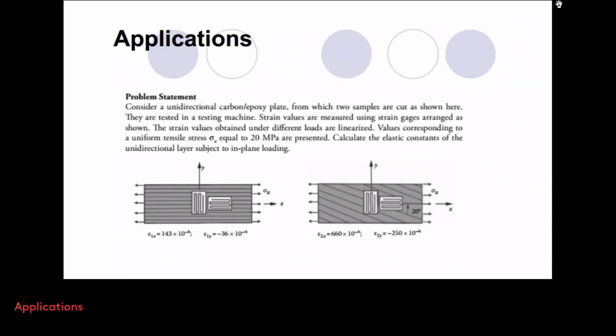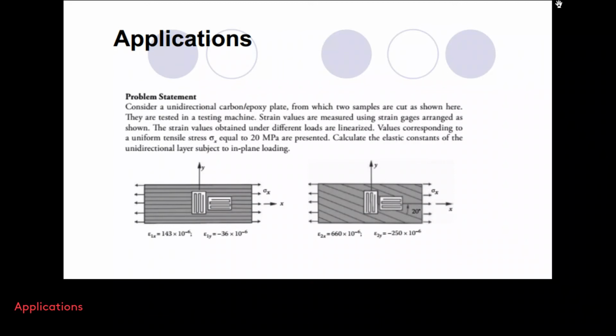Okay, our next question is about experimental measurement. Now we have a composite plate. Let's read the question first. Consider a unidirectional carbon epoxy plate from which two samples are cut as shown here. They are tested in a testing machine.